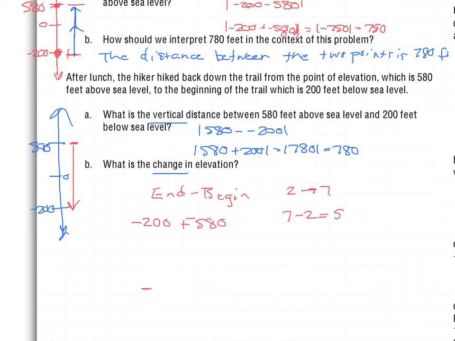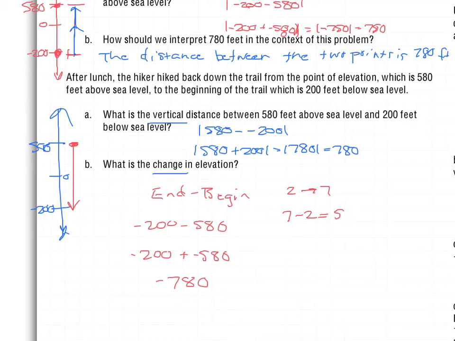Change that to addition of the opposite. Negative 200 minus 580 is negative 200 plus negative 580, which would give us negative 780. And that's exactly what we were looking for. We were looking for a negative change because we went down.